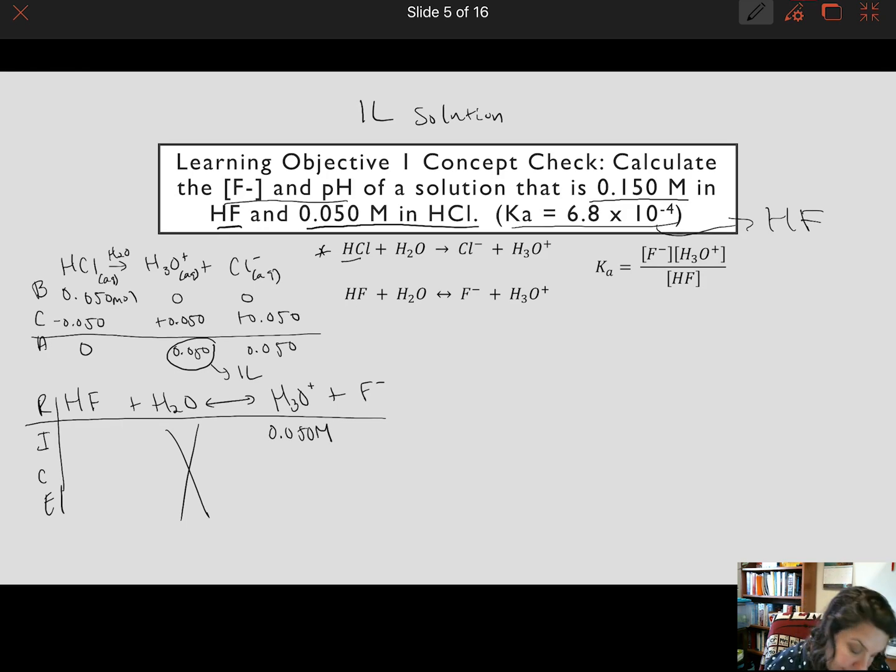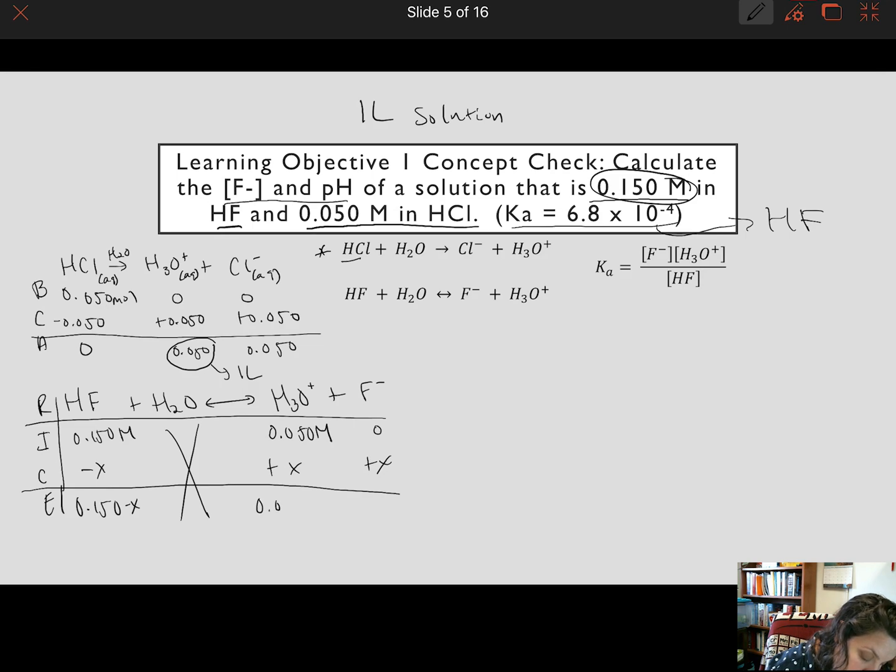And we start out with 0.150 molar of our HF. It's an equilibrium process, so minus X, plus X, plus X gives us 0.150 minus X, 0.050 plus X, and X. We can then put this into our Ka expression.